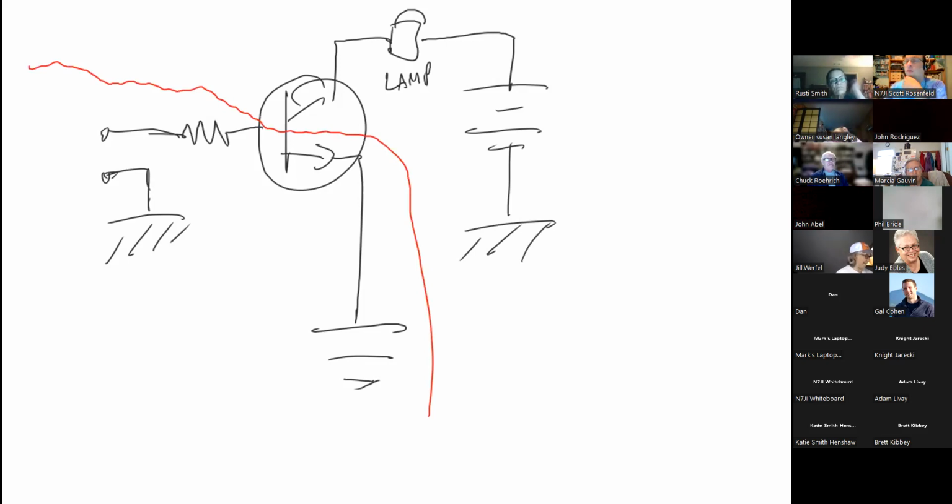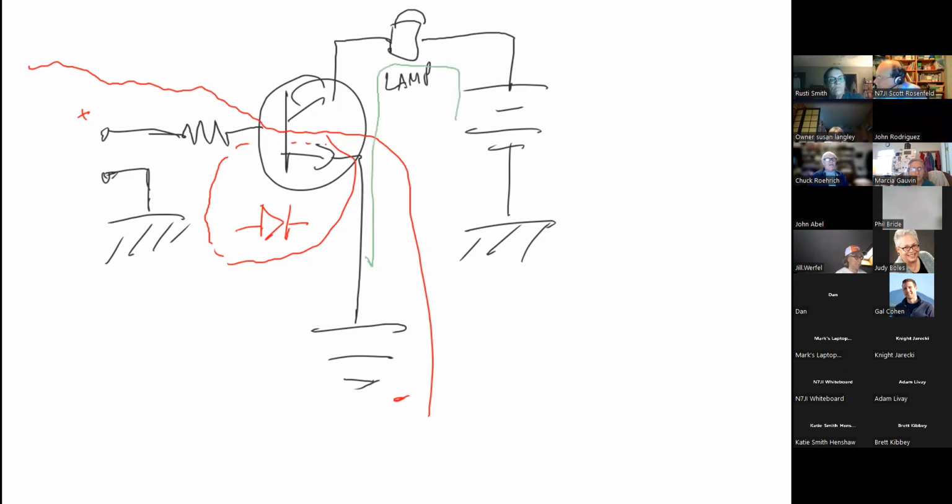Knowing what we know, considering that this is a diode right here, this half of the transistor, when our voltage goes positive here and negative here, what happens to that diode? It activates. It allows flow. And when it activates, we are allowed to deliver power, current, through that path.